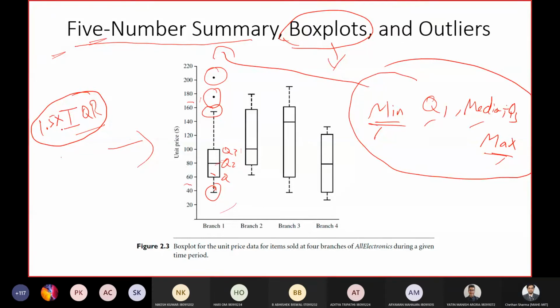If there are a few values in the data set which are beyond this 1.5 times IQR, those points are called outliers or noise, which are marked separately with a dot.